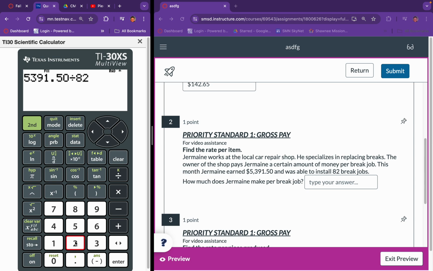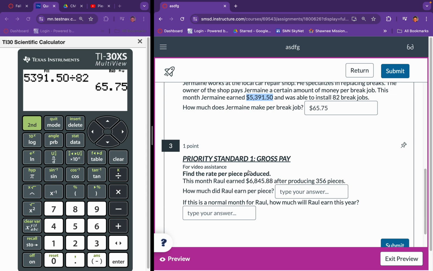So if he did 82 brake jobs and earned $5,300, then every brake job, he was paid $65.75. So that's what he earned for replacing a set of brakes on an automobile. So if he wanted to do just one brake job in a day, then he would get paid $65.75. He did 82 brake jobs, and he earned $5,391 for doing those 82 brake jobs.